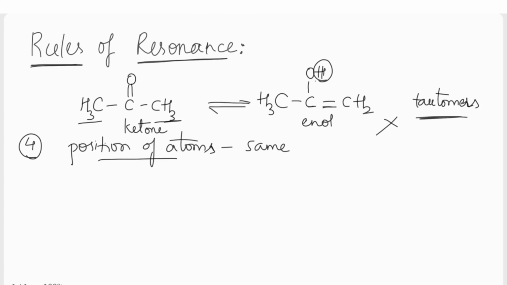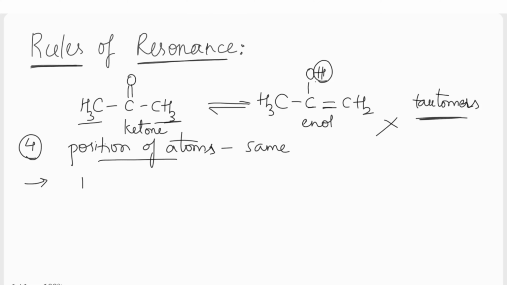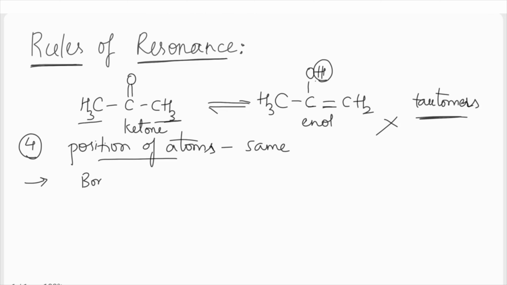So in canonical or resonance structures, the bond connectivity has to be the same, but the bond order might change from one atom to the other, and the resonance structures may not be equivalent also.